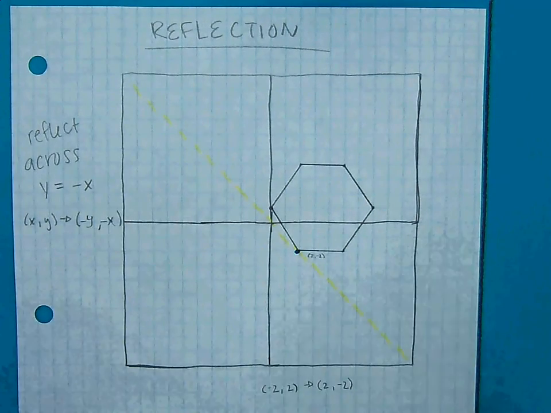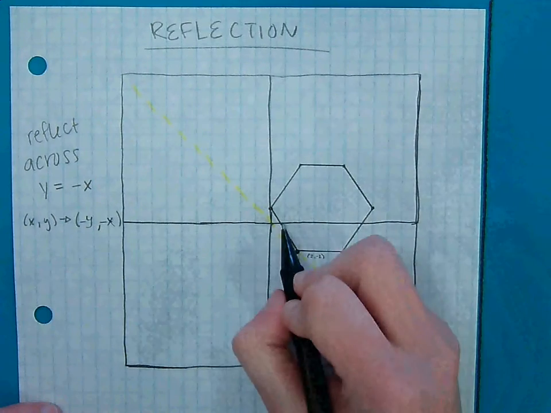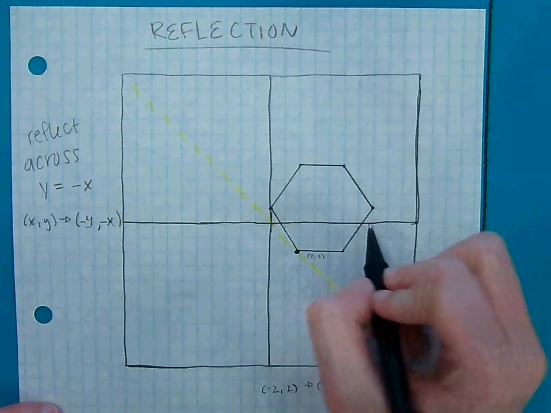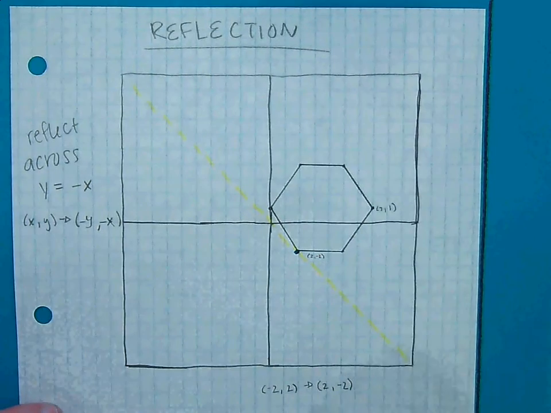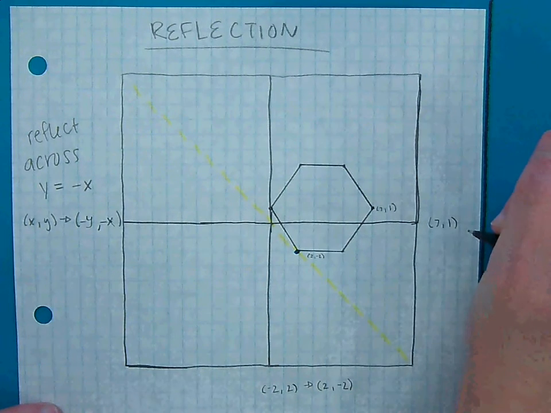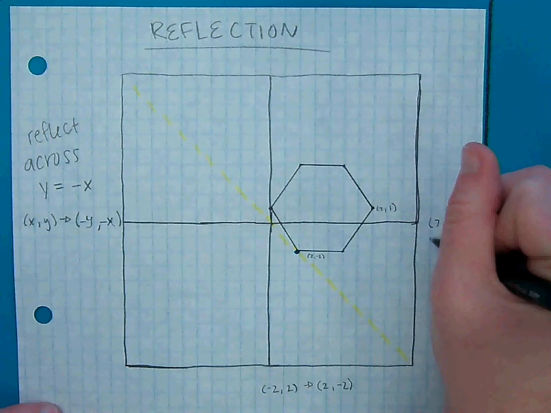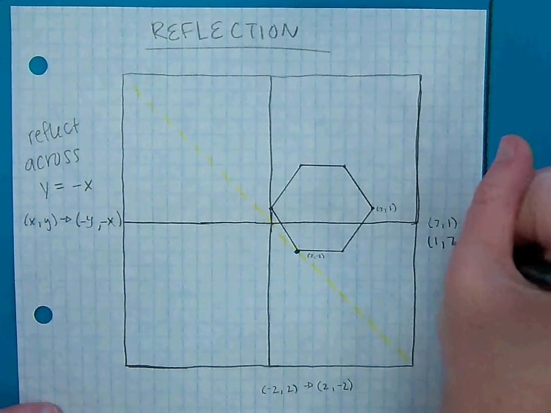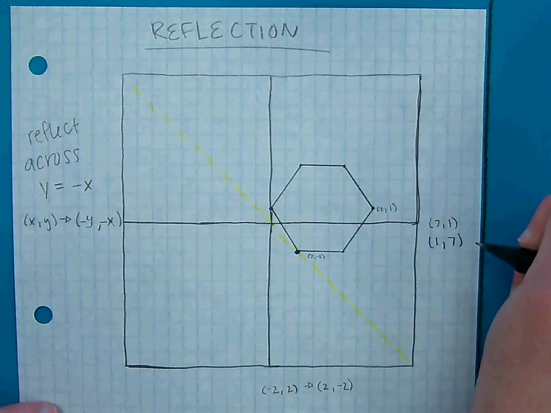Let's do this point over here. This point is currently at 7, 1. Alright? So I'm going to write it right here. Now, to reflect it over y equals x, we just change it so x is now y and y is now x. So it's 1, 7. Now since this is y equals negative x, we have to change the signs.